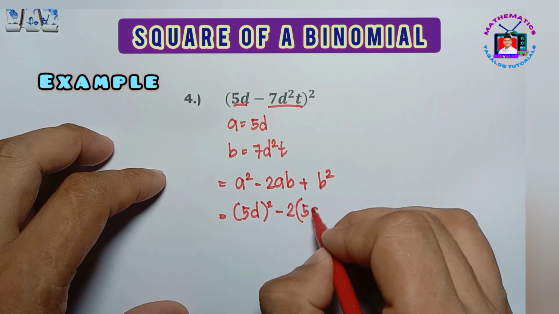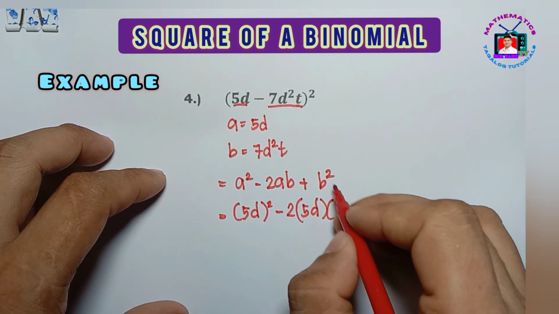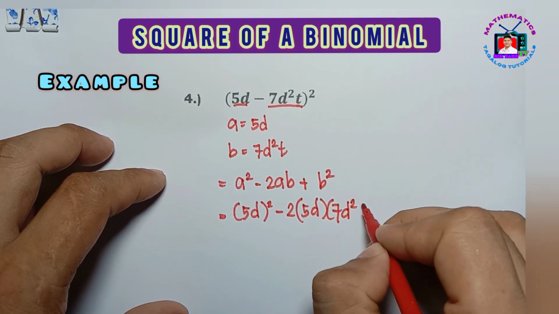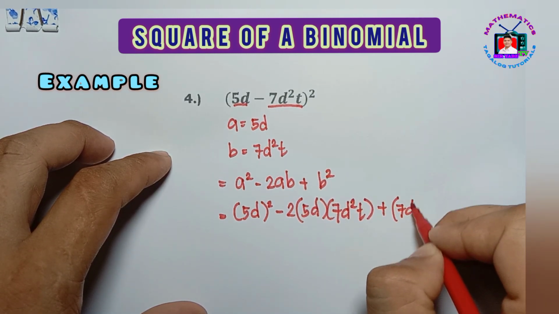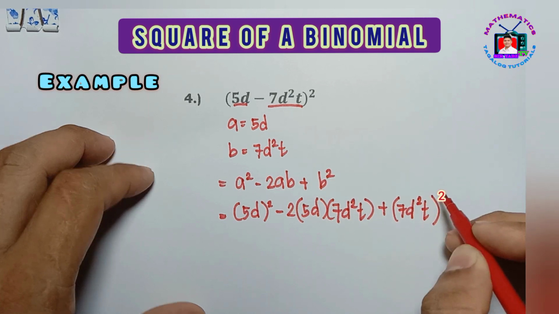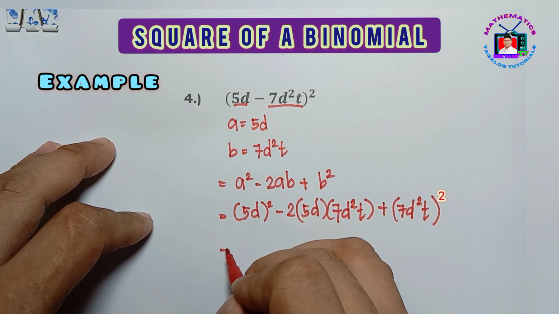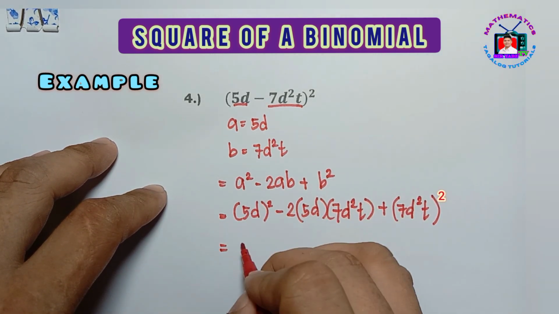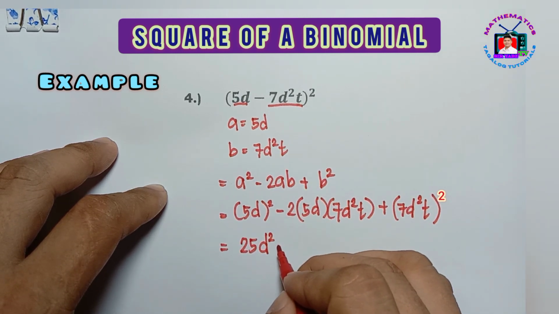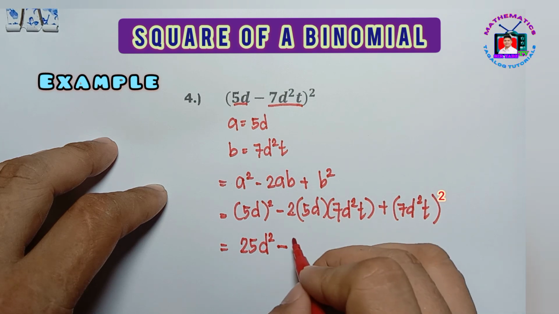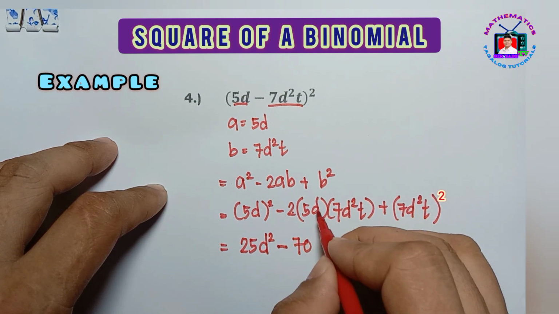Then minus 2, a is 5d, times our b is 7d squared t. Then plus our b, (7d squared t) squared. Okay, then simplify. So 5 squared is 25. Then we have d squared. Then 2 times 5 times 7, all in all, we have 70.